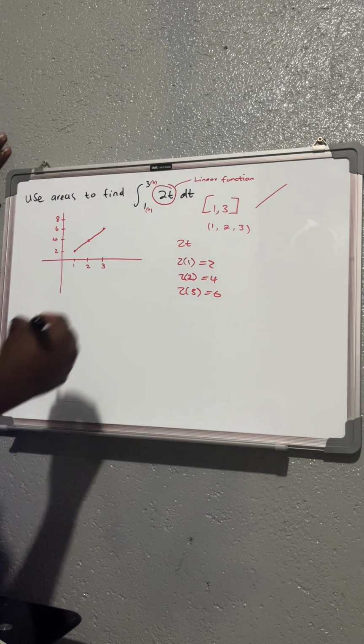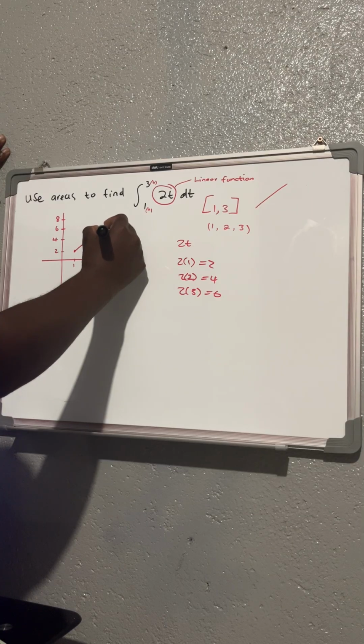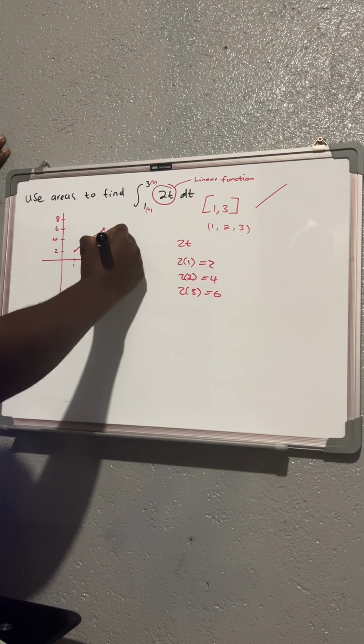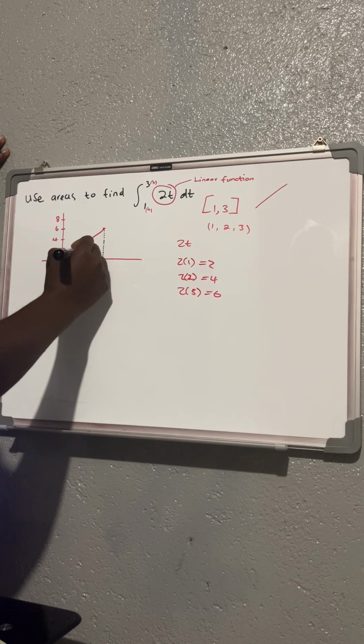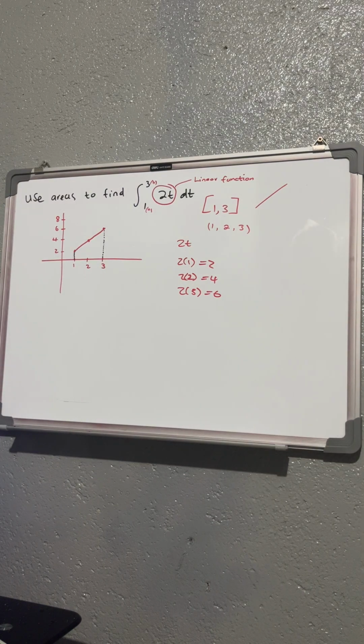So what you're going to do is draw your dotted lines going down, and see if you can use that particular shape to solve your problem. You see now we have this kind of shape. I don't even know shapes that well, but we can't work it out.